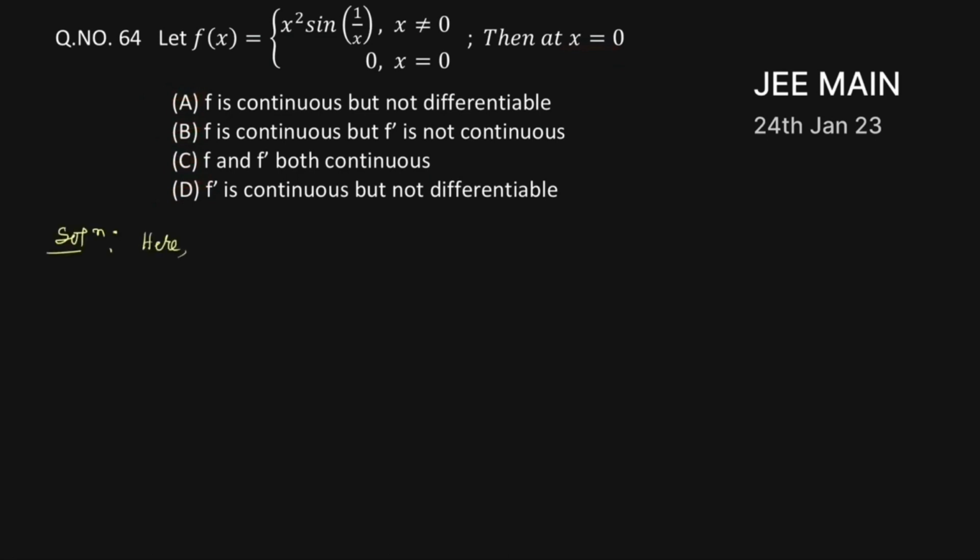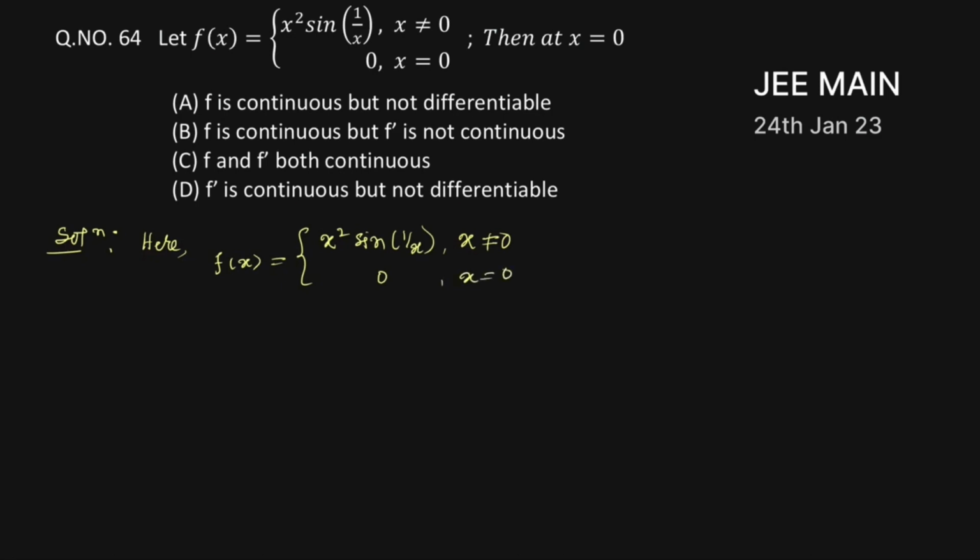So here f of x is given, which is equal to x square sine 1 by x when x is not equal to 0, and f of x is equal to 0 when x equal to 0.